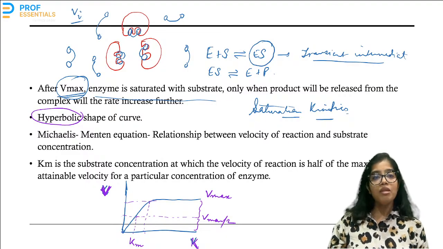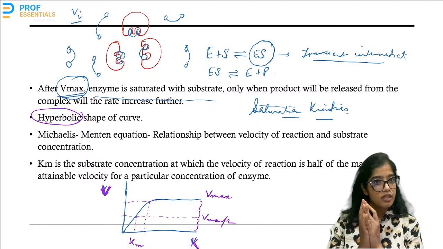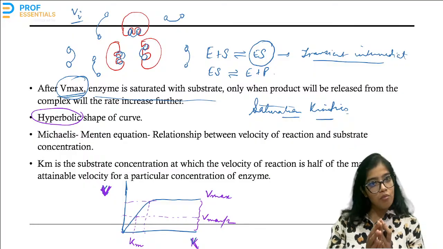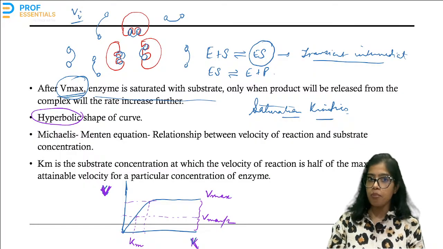So Km is the substrate concentration required to reach half of the maximum possible velocity of this reaction at a particular enzyme concentration. This is the full definition of Km.